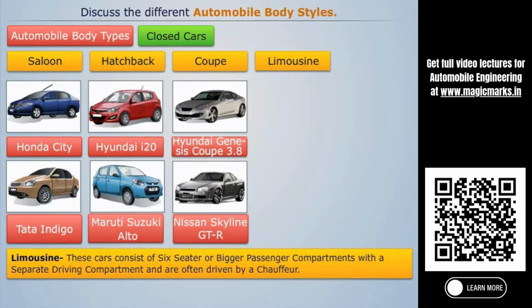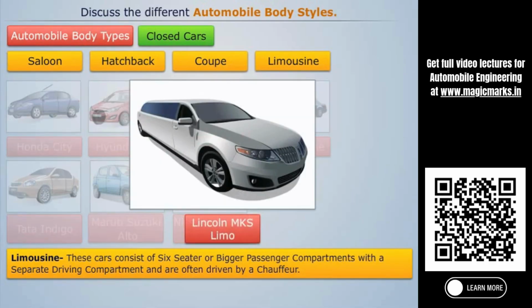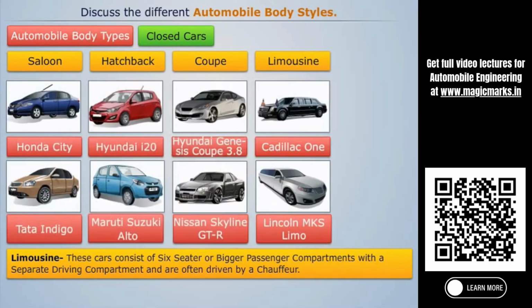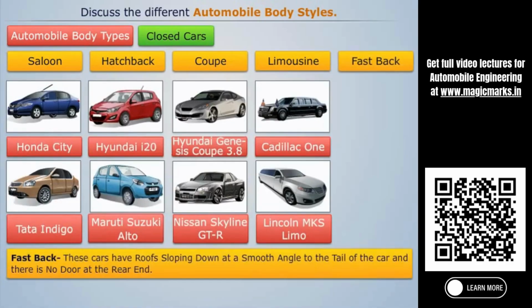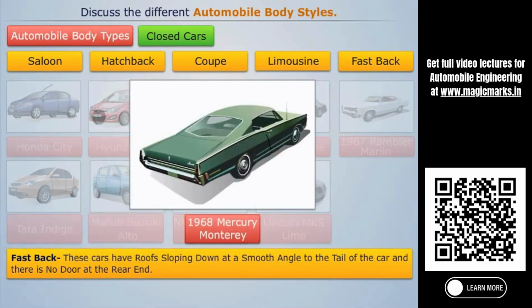For example, Cadillac One, Lincoln MKS Limo, etc. Fastback. These cars have roofs sloping down at a smooth angle to the tail of the car, and there is no door at the rear end. For example, 1967 Rambler Martin, 1968 Mercury Monterey, etc.